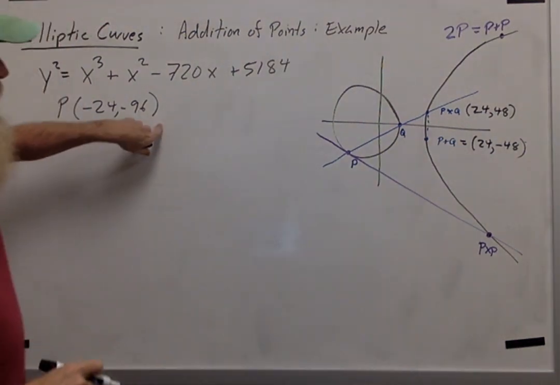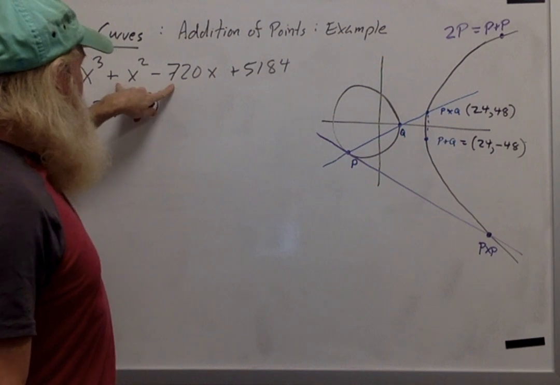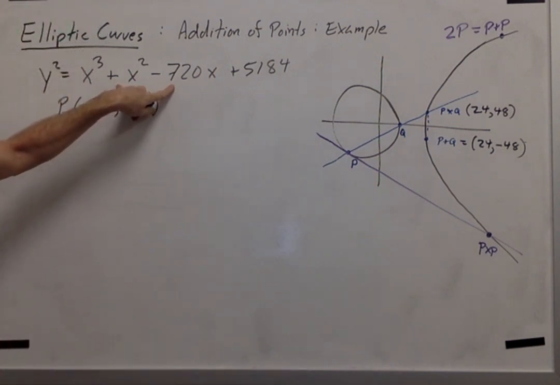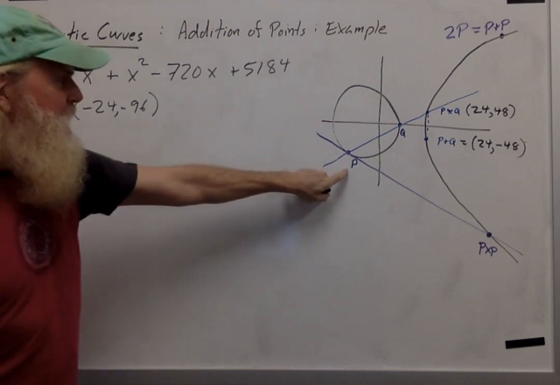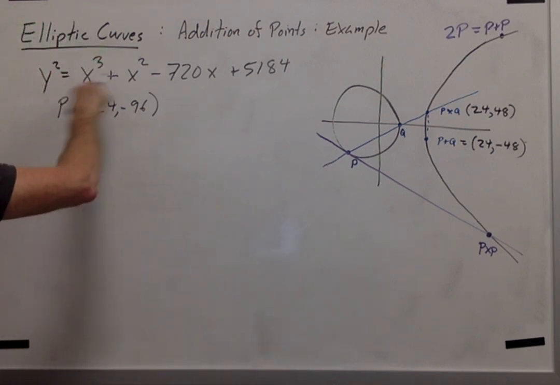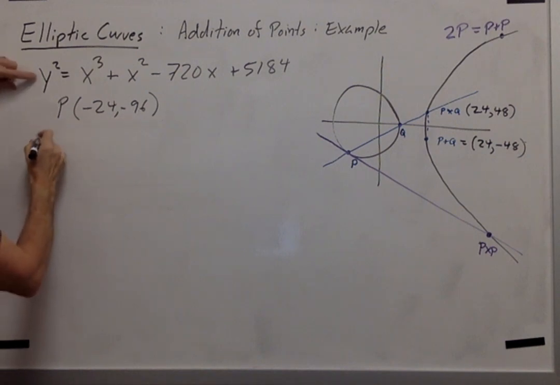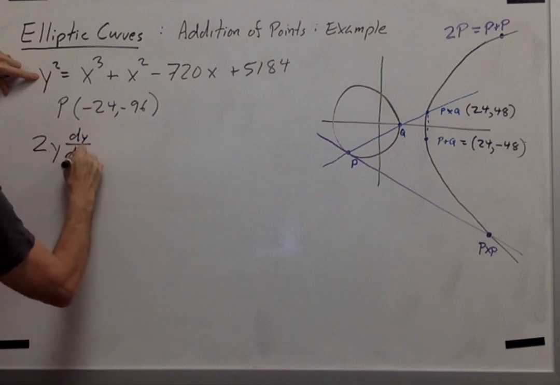So, since I'm working with a tangent line, I need to find the slope of the tangent line to the graph. And we know that that's given by the derivative. Let's use implicit differentiation to find the derivative of y at the point P. The derivative of the left side with respect to x is 2y dy dx.